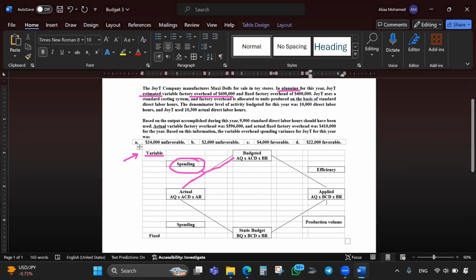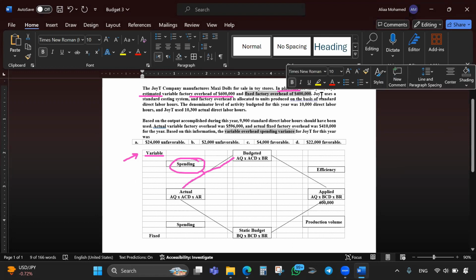I write here 600,000, which is budgeted amount. And fixed factory overhead will be ignored because I'm asking below about the variable overhead spending variance, variable, and this is fixed, so I'll ignore that amount.